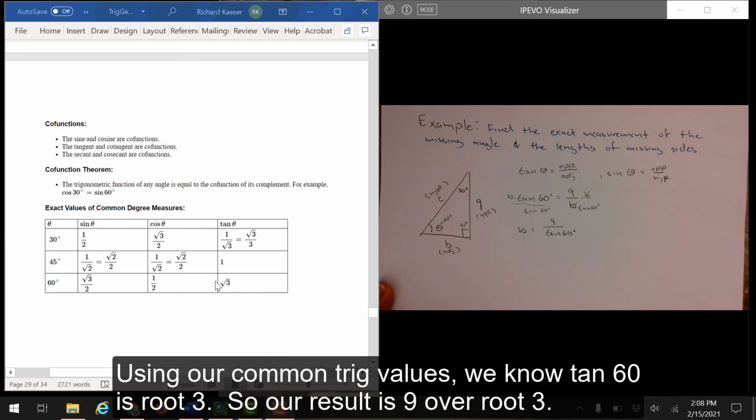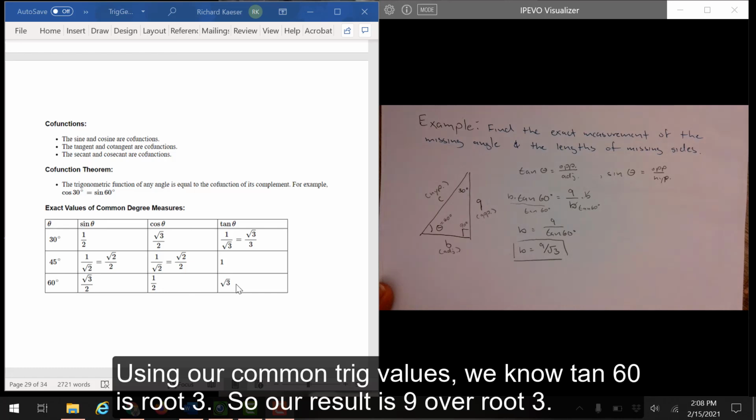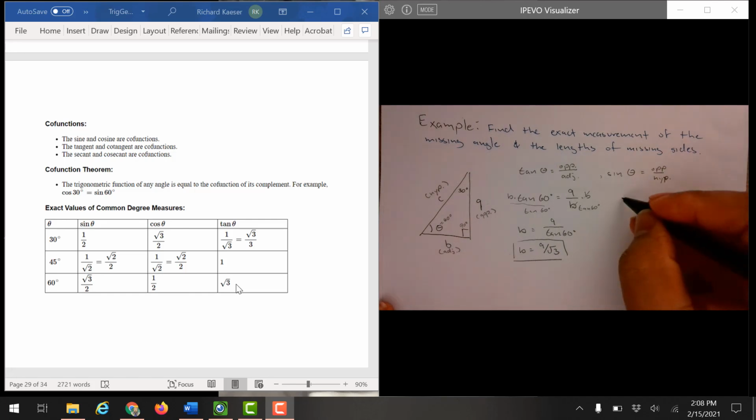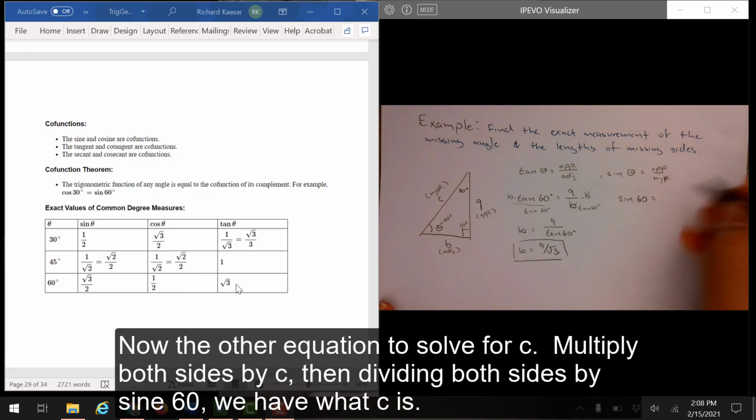So our result is 9 over root 3. Now the other equation to solve for C. Multiply both sides by C, then dividing both sides by sine 60, we have what C is.